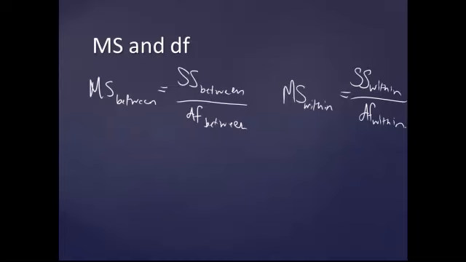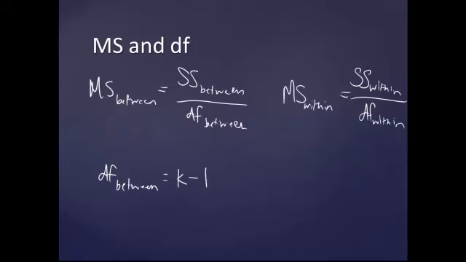Okay, so it looks like a lot, but it's really the same thing as variance, sum of squares over degrees of freedom. Here's the part that you have to remember. For degrees of freedom between, we're talking about the number of different groups that you have, which is k minus 1.